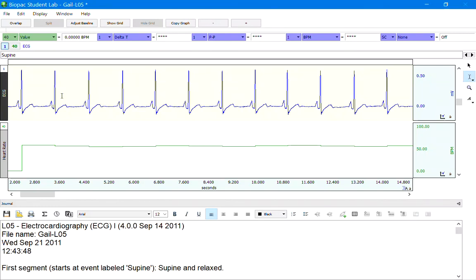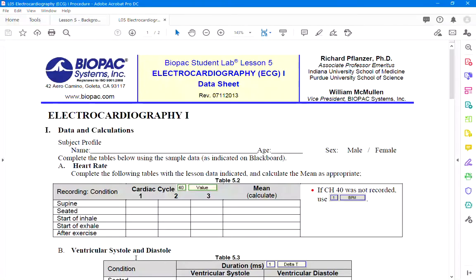So it's from here that I would use the first complex after the heart rate starts to pick up, that I would move from my R wave to my R wave. This would be my first cardiac cycle. And then if I look at my 40 value, this would be the first value that I would plug in on my data sheet. So going back to our Biopac data sheet, do you see here is our supine data, cardiac cycle 1.